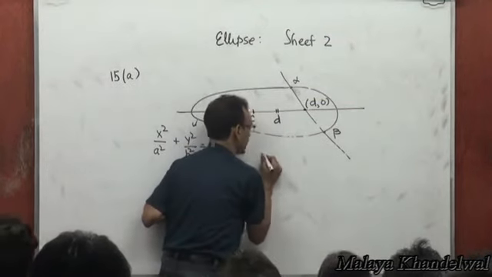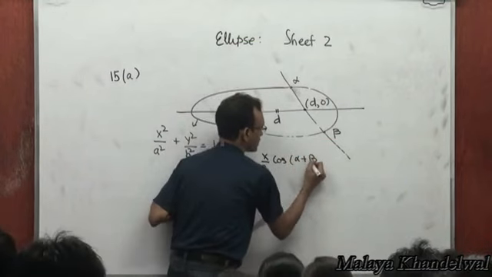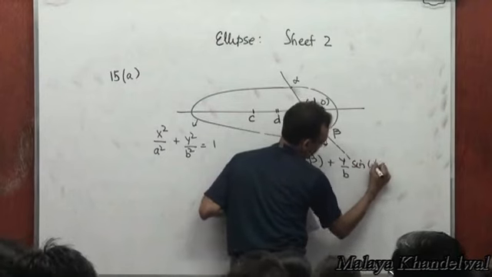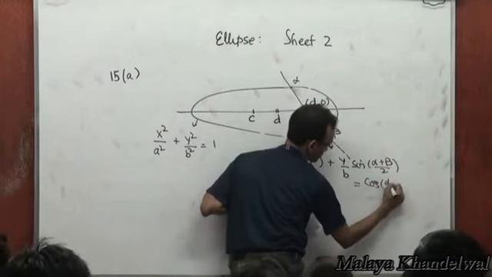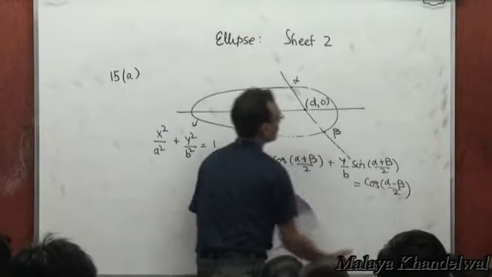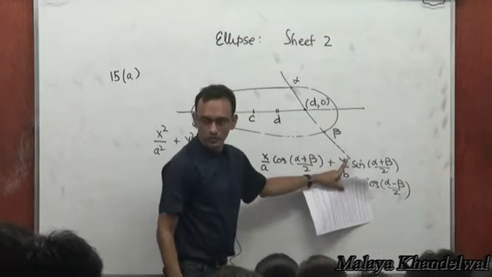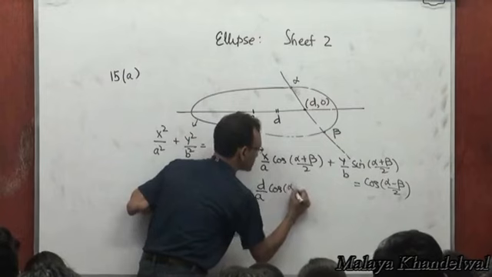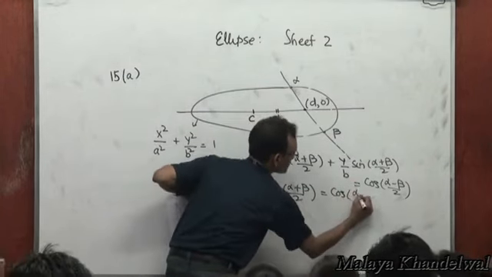Equation of the chord joining alpha and beta is x by a cos of (alpha plus beta) by 2 plus y by b sin of (alpha plus beta) by 2 equal to cos of (alpha minus beta) by 2. Now this chord passes through (d, 0), so put x equal to d, y equal to 0. So d by a cos of (alpha plus beta) by 2 equals cos of (alpha minus beta) by 2.